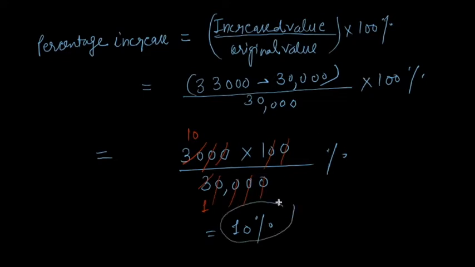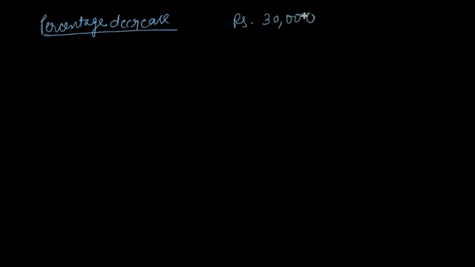Now let's see the percentage decrease. So it is the same. If I say the cost of the refrigerator was again rupees 30,000, okay, and it has been decreased by 10% over 2 years, calculate the new price.